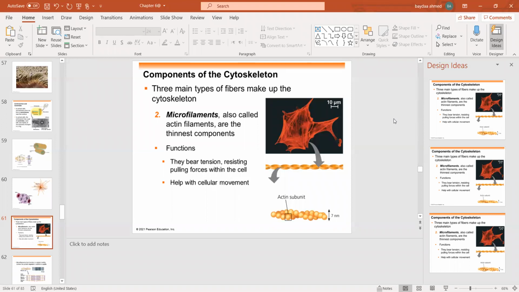Microfilaments are well known for their role in cell motility. The microfilament network gives the outer area of the cytoplasm, called the cortex, near the cell membrane, a semi-solid consistency of gel, in contrast with the more fluid state of the interior cytoplasm.